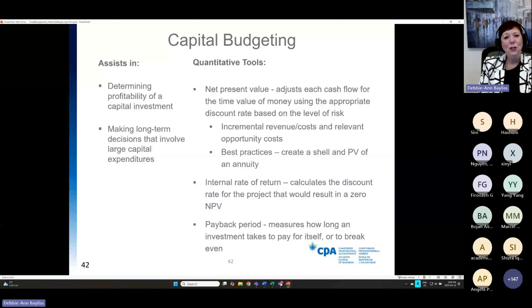You also need to include relevant opportunity cost. So let's keep going with that example. If the company produces product B, what happens is, because of capacity constraints, say, they're going to have to produce 500 less of product A. They're going to lose revenue.